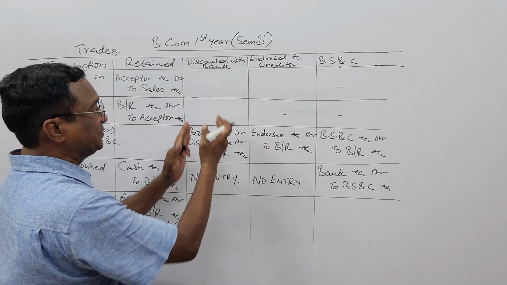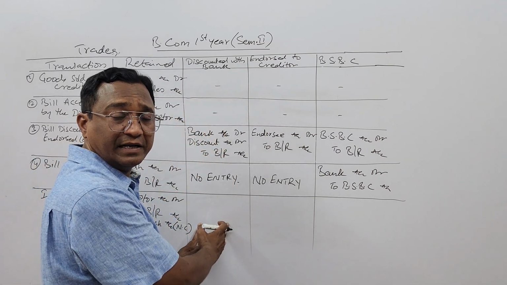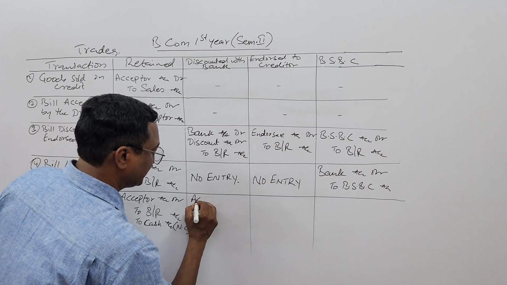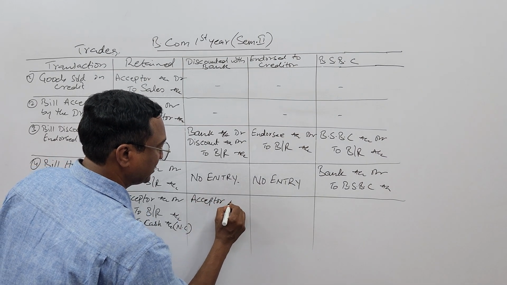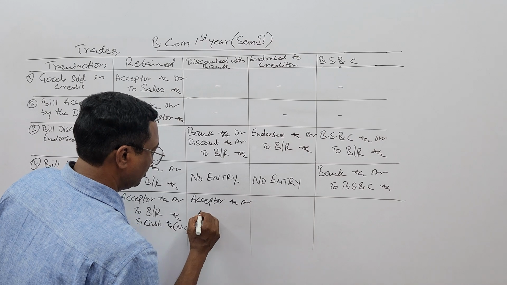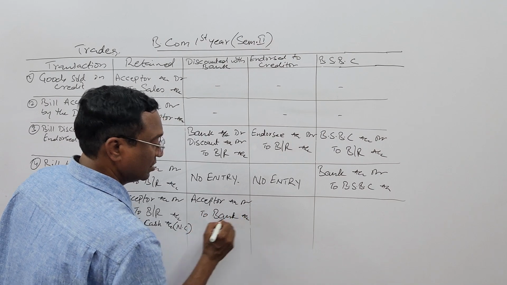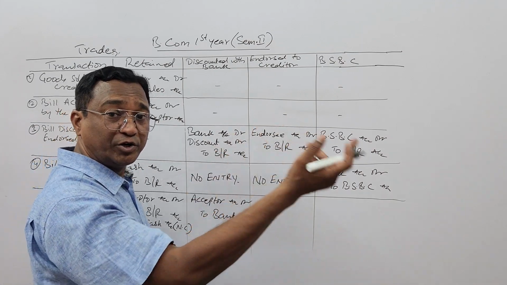Now, in case the bill is discounted with the bank and then it is dishonored, then acceptor account debit to bank account, because we need to pay the bank.